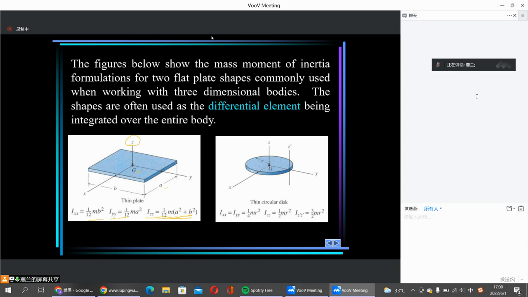Sorry, we are experiencing an earthquake. Just wait a minute. Okay, finished.